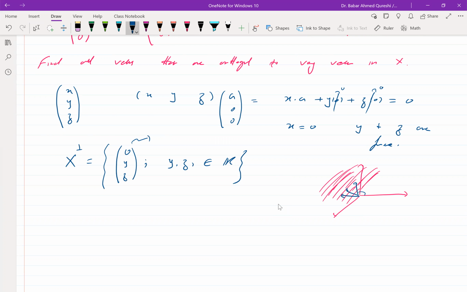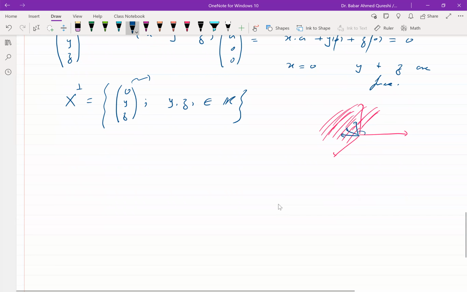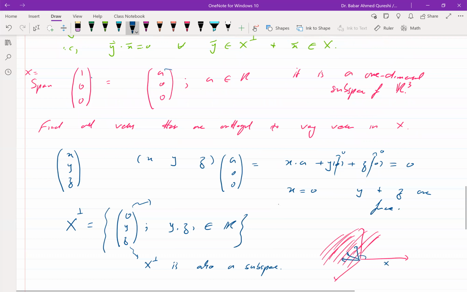Now you can say something very obvious about this orthogonal complement. From here, we saw that this was our starting space, and the orthogonal complement is also a subspace. It turned out to be a plane. And we know that when we have a 0, 1, 0 in one place, not any other fixed number, then this is a subspace.